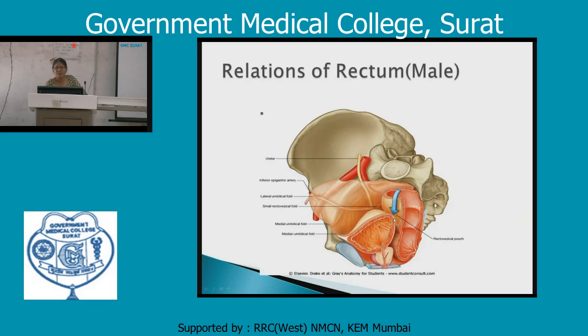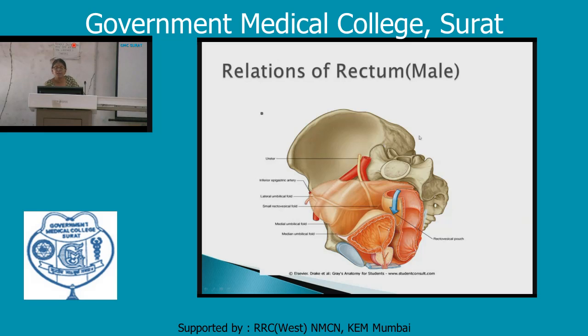You can see. And the lower part of the rectum anteriorly is related to the base of bladder without intervening peritoneum, but there is condensed fascia over here. We will see that. Here the pelvic fascia is condensed, known as Denonvilliers fascia. The lower part of the rectum is related to the base of bladder, where on the base of bladder we will see seminal vesicles in male.